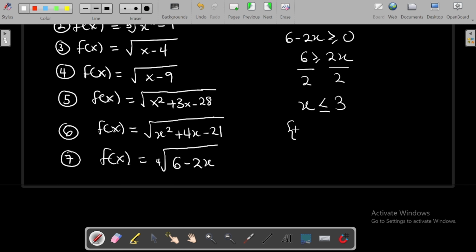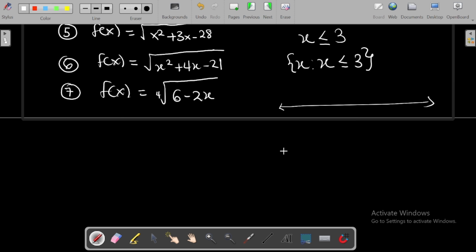So from here we can simply say that our domain x is such that x is less than or equal to 3. And then from here we can represent this on a number line. You have negative infinity to positive infinity, and then you have 3. Since you have equal to, it means that you have a closed circle or a shaded circle.